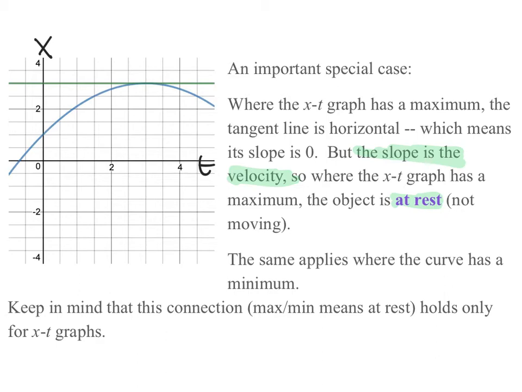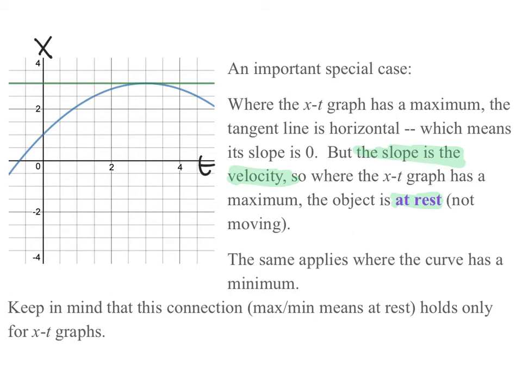If you think of this as an object moving along a line, the x has increased to some value, it's going to start decreasing, and before it can go the other direction, it must, at least for a moment, come to rest. The same sort of applies if the curve has a minimum. I guess I could illustrate that quickly.